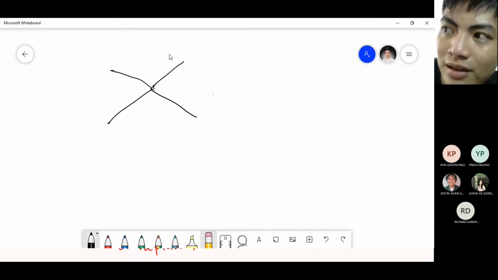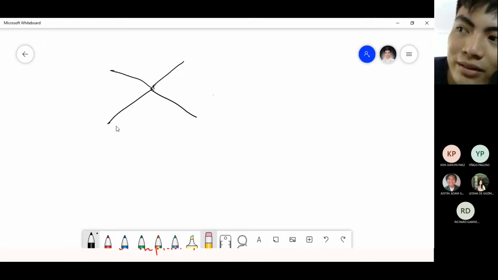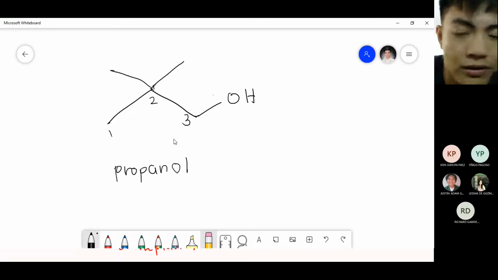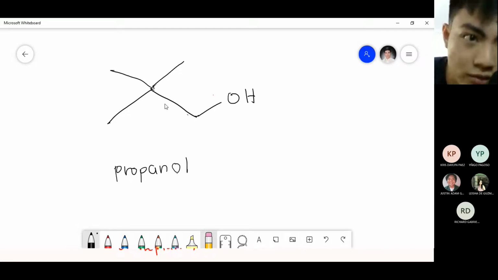Okay. Ano muna pangalan nito? So hanapin mo yung parent nito. So this is 1, 2, 3. This is propane. Pero since may OH ka doon, so that is propanol. Tama yung propanol. And yung counting, so since nasa right yung OH, edi dun ka mag-start.